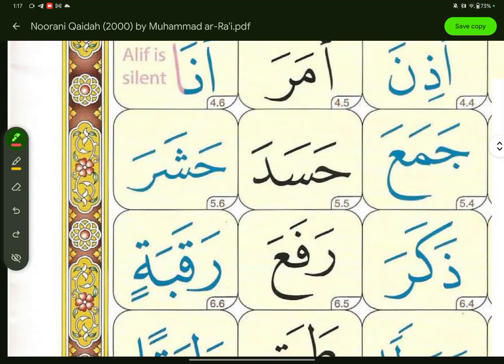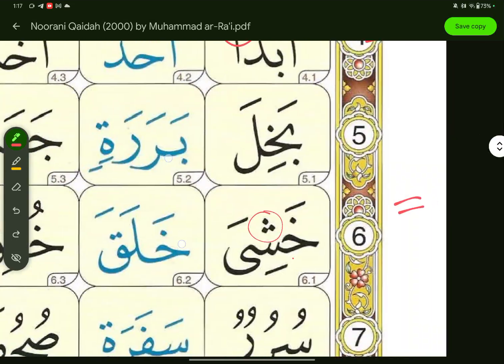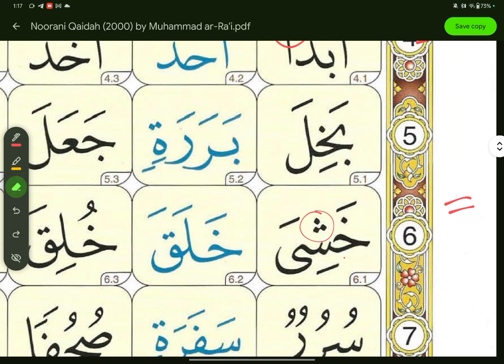Sheen. Oh. All right. So 3 dots on top, sheen. Ka, she. Not the last one. Is a yeah. Ka, she. Yeah.